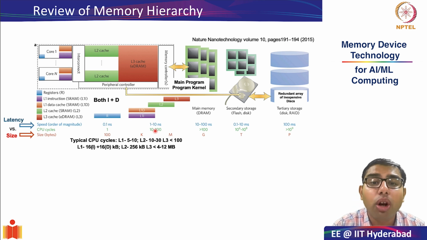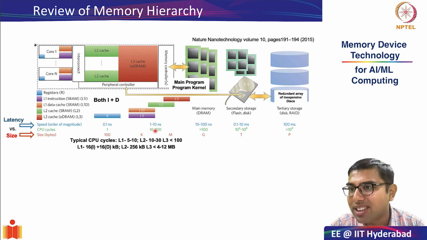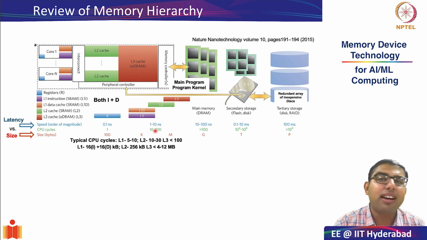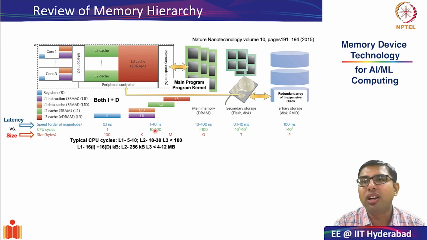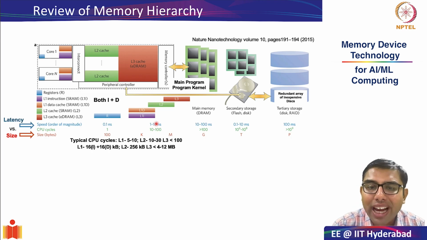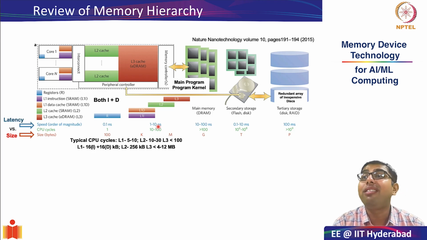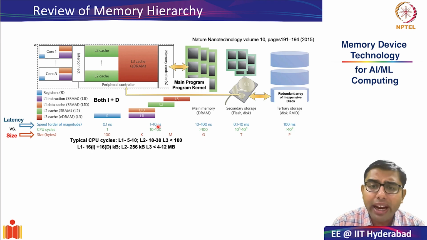They are in the order of 1 to 10 nanoseconds. Considering that nowadays these CPU subsystems run at a clock frequency of about 3 to 4 or 5 gigahertz, you can estimate that to retrieve data from L1, L2 caches, it takes roughly 10 to 100 clock cycles, which is indicated here in green.